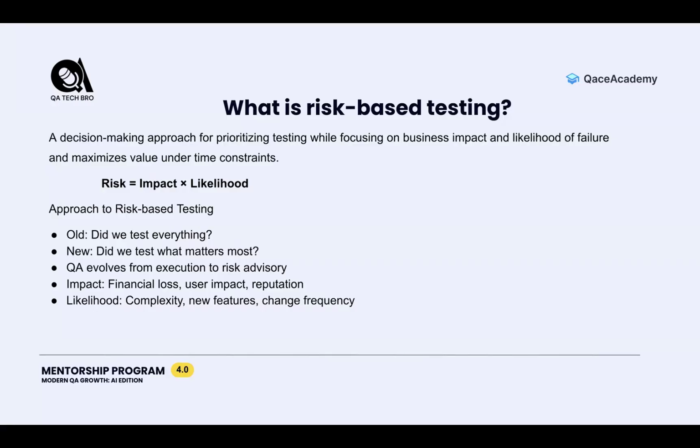Risk is basically the impact multiplied by the likelihood of it. What usually happens today is a lot of us believe that they have tested everything on the application. However, a risk-based testing approach asks: have we actually tested those things that matter the most?